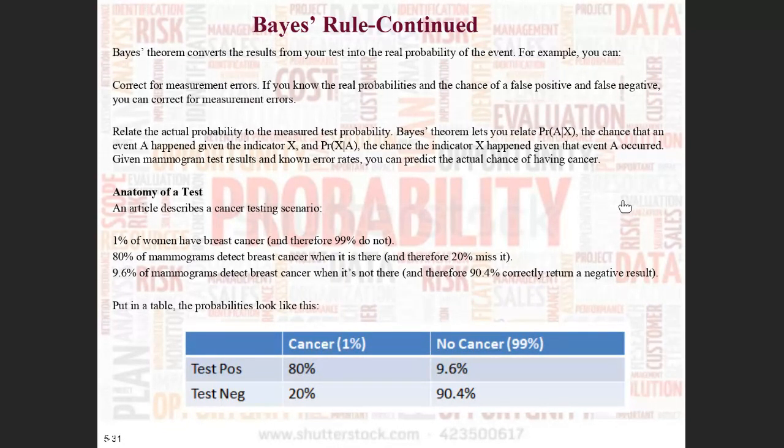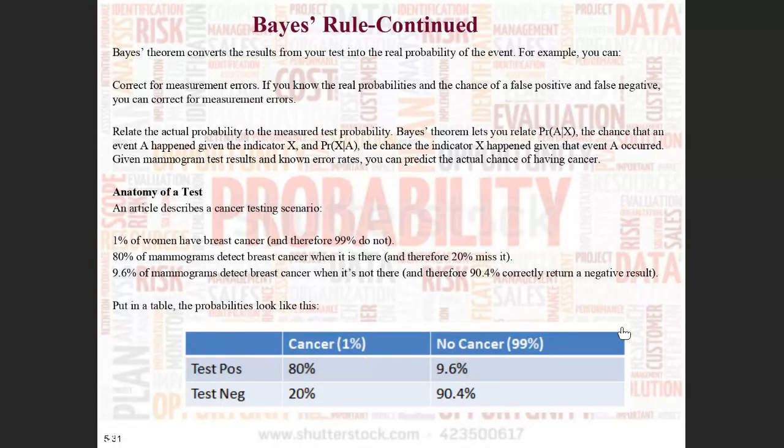If we look at an example here, the anatomy of a test. An article describes a cancer testing scenario. 1% of women have breast cancer and therefore 99% do not. Remember, whatever you're doing is either going to add up to 1 or to 100%.